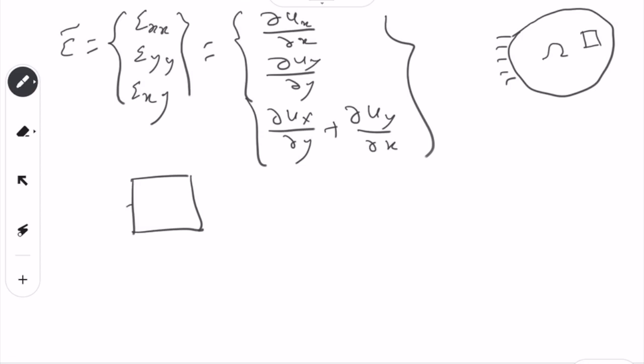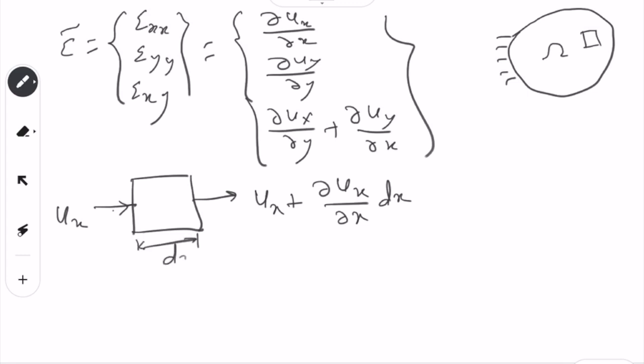Let us say displacement here is ux, and displacement here will be ux plus del ux over del x times dx. Length is dx, right. So, strain epsilon xx will be what?